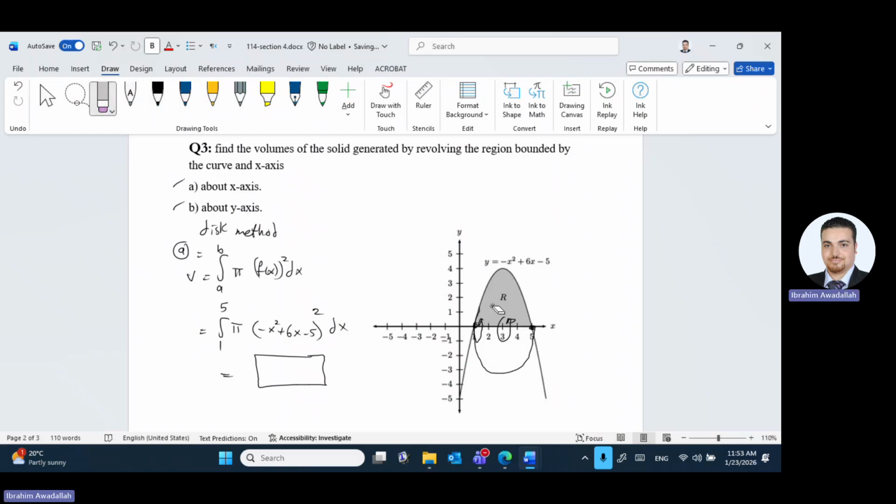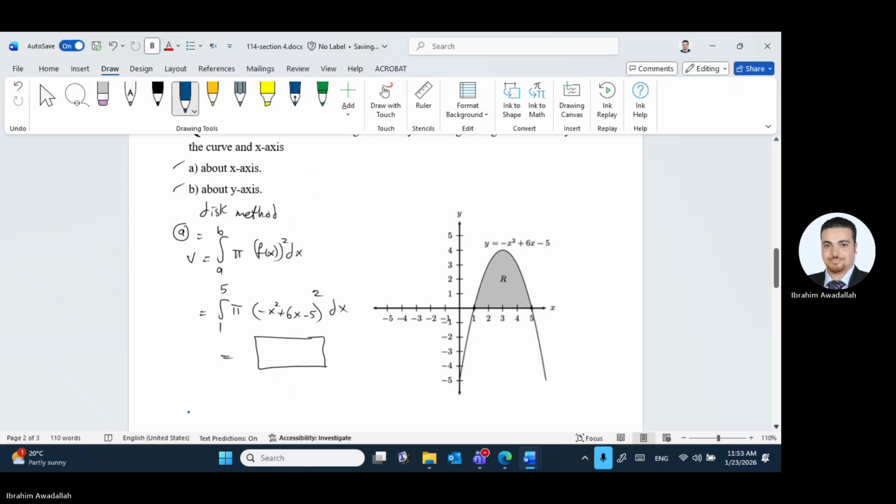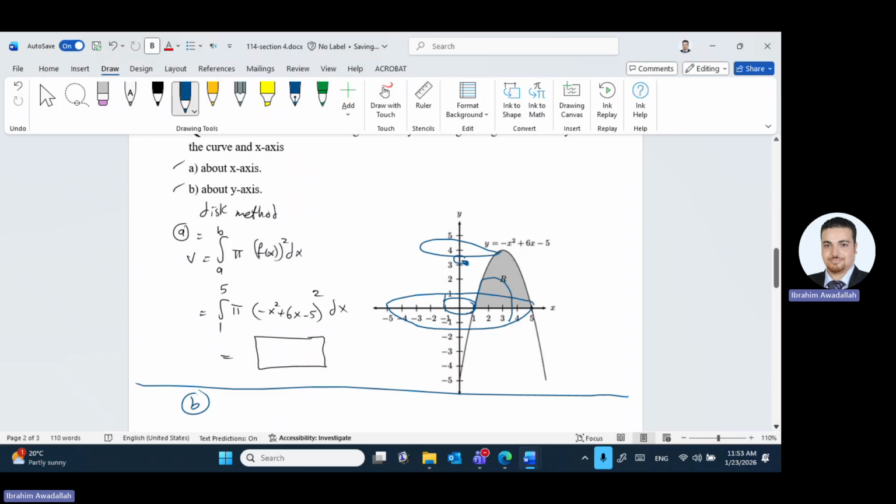Okay, we will use the same graph, but now B. With B, we have the revolving about the y-axis. So my revolving will be like this, and like this. My shape will be like a donut.